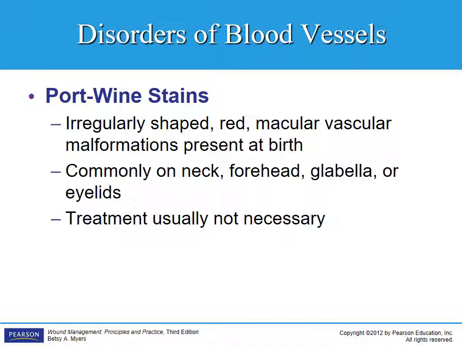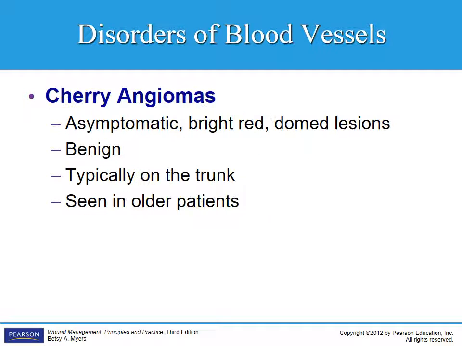Port wine stains also, if you've seen them on anyone, you'll recognize them. They're irregularly shaped red macular vascular malformations that are present at birth. Generally, you see them on the neck, around the face, the forehead, the eyelids. Generally, there's no treatment, but it's just a disorder or malformation that is present at birth.